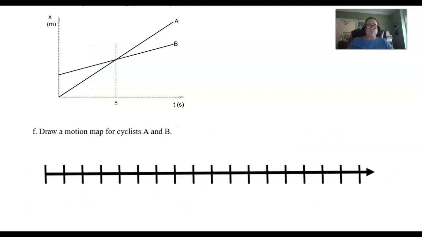Let's try to draw a motion map that represents the motion of both of these bicyclists. So if I'm going to have a motion map, I need to label the axis, which is showing position. And so I'm going to put in a scale there so that I can tell what I've got.